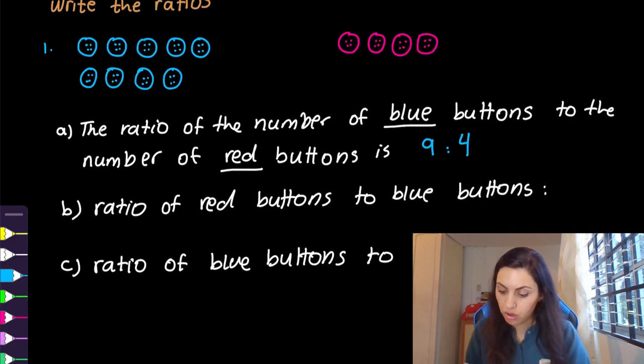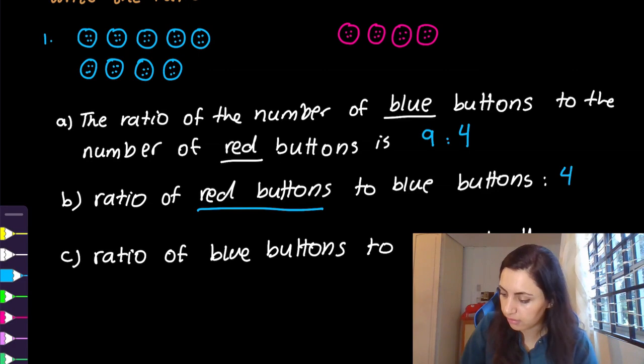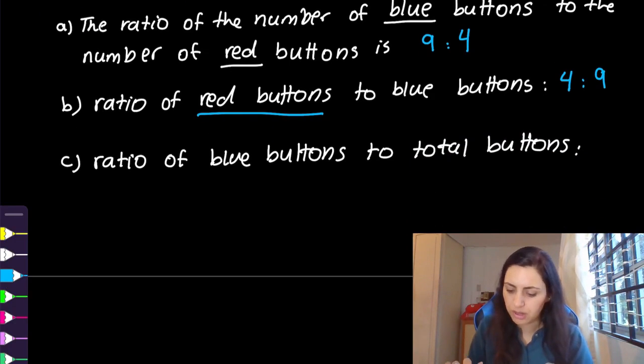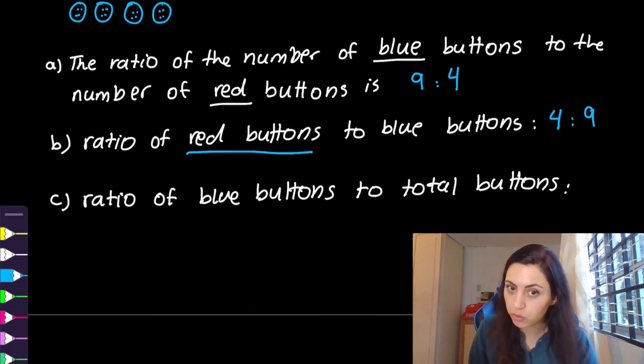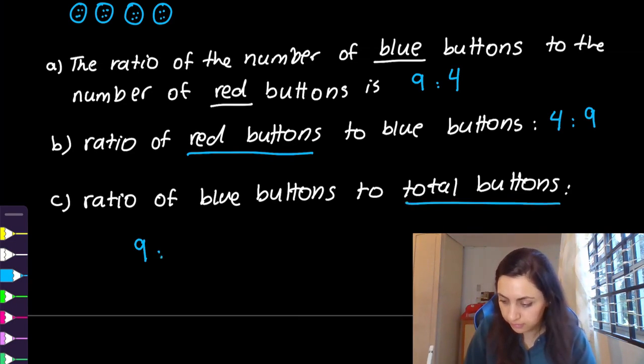B, ratio of red buttons to blue buttons. We said red first. Red is 4, blue is 9. That's it. Ratio of blue buttons to the total. How many blue buttons do we have? We have 9 blue buttons. Total buttons.